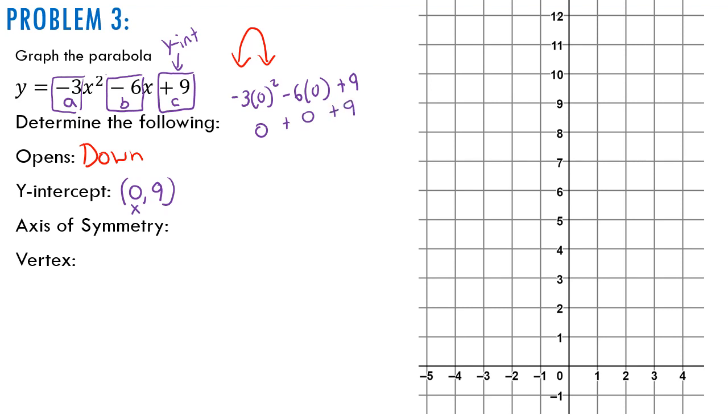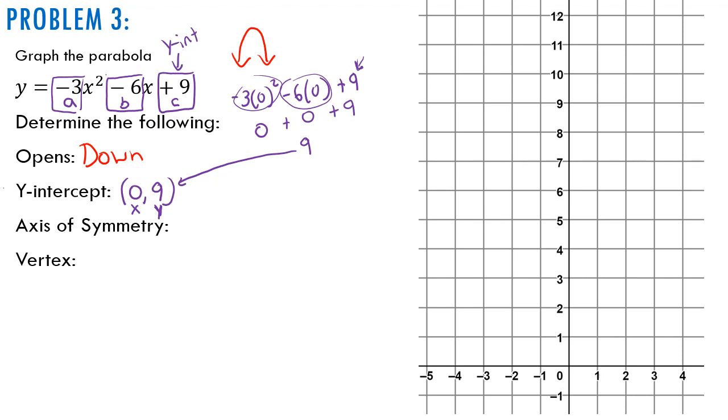And then I have my plus 9. Well, 0 plus 0 plus 9 is 9. That's why that's a 9. And since that's always going to happen, the first two terms are always going to turn into zeros. The C value, the constant, will always end up being the thing left over, which would be the y value for our y-intercept.